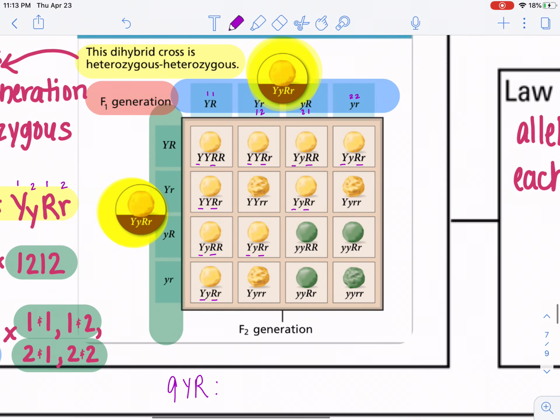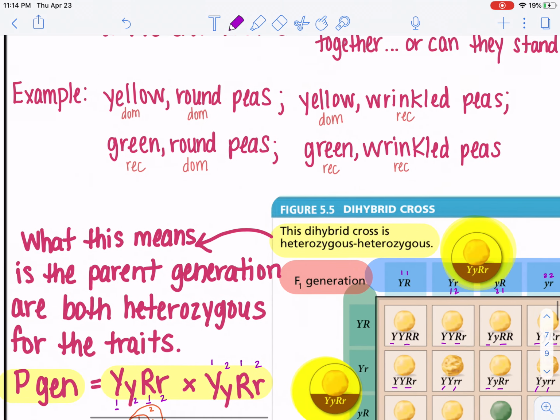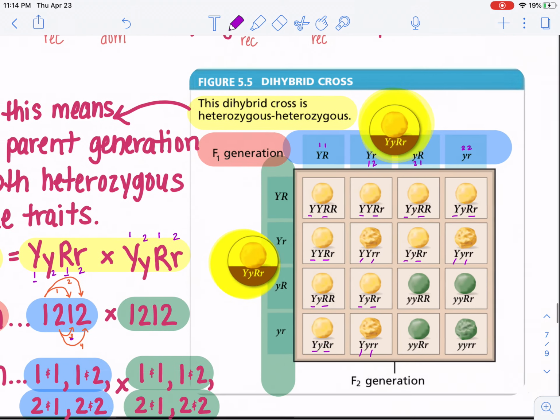Then I'm going to look for how many yellow wrinkled, dominant recessive. That's going to give us right here and right here. That's a big Y, little r. There's a big Y, a little r. There's a big Y and little r. So that is a 3, big Y, little r. And then what's my next option? Green round.